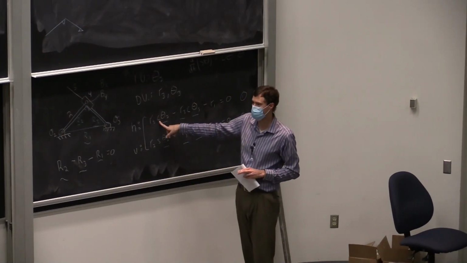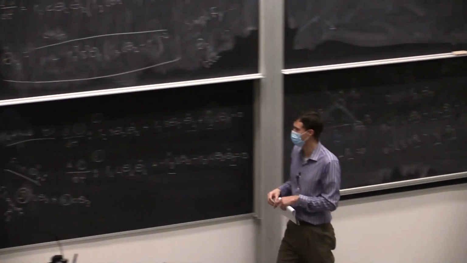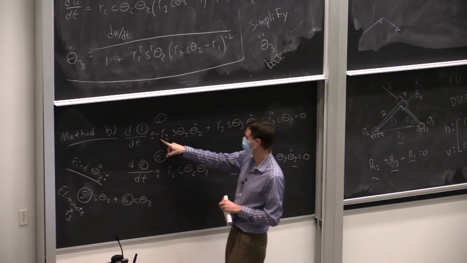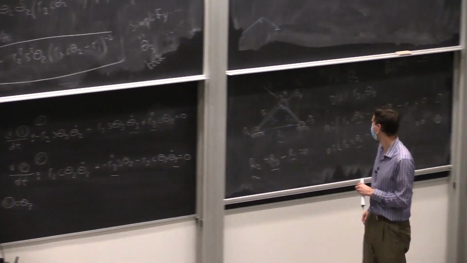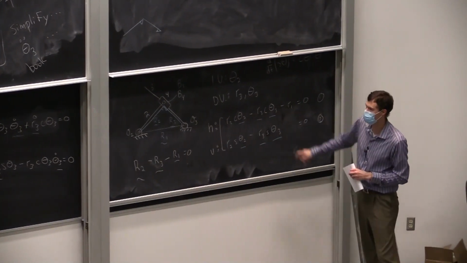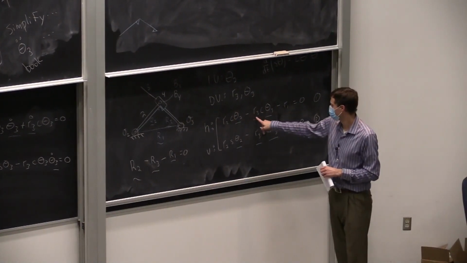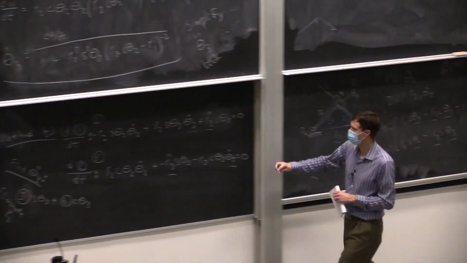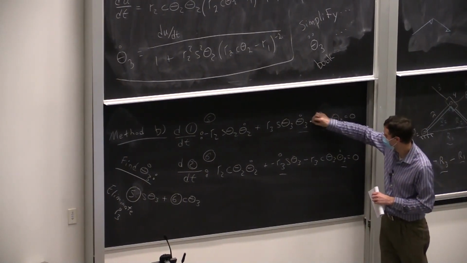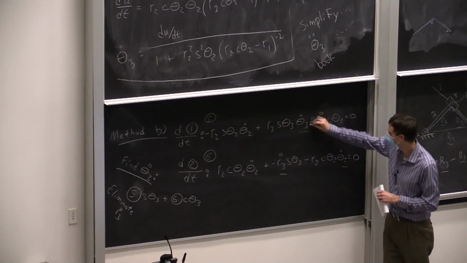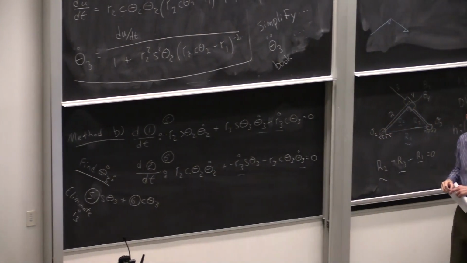Derivative of cosine, it should be negative sine. Yeah. And this should be negative r dot, right? That's the term I forgot and added. Yeah. Okay, a few corrections. Thank you.